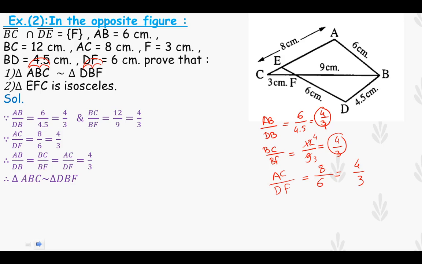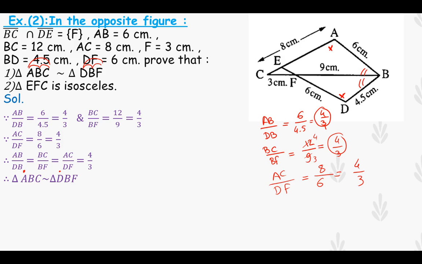We want to prove that triangle FEC, or EFC, is an isosceles triangle. From the first requirement, from similarity, you can see that the measure of angle A is equal to the measure of angle D. And the measure of angle B in the first triangle is equal to the measure of angle B in the second triangle.